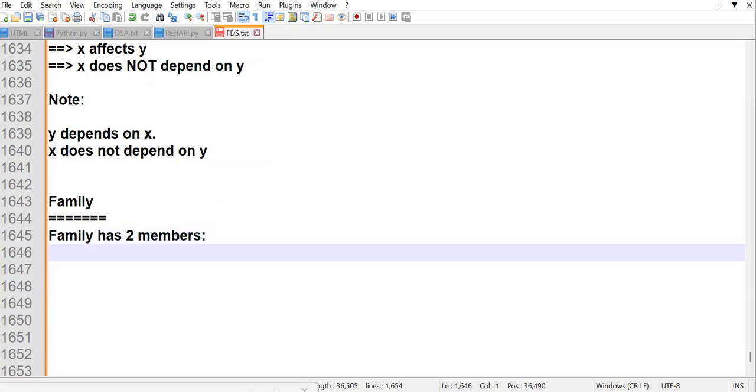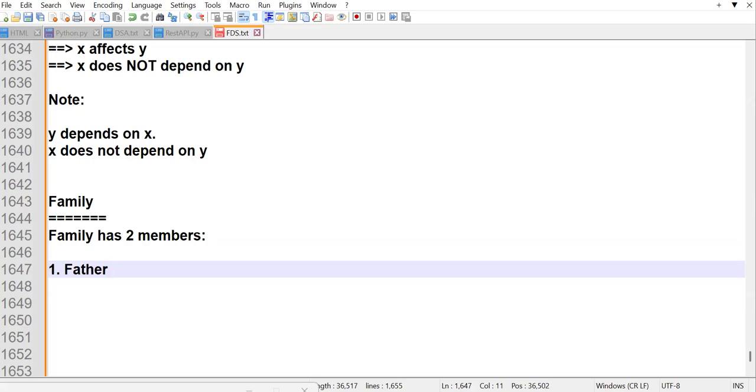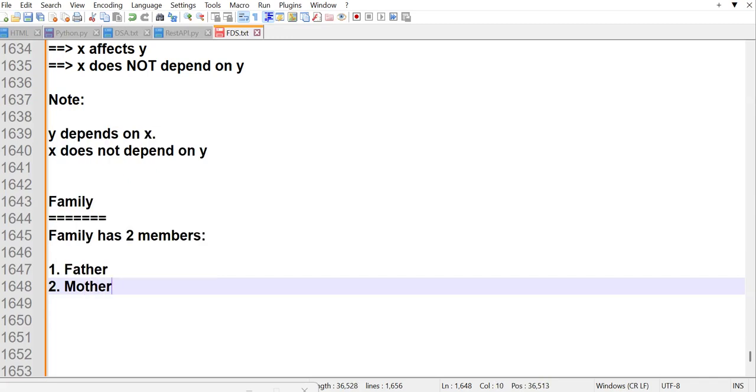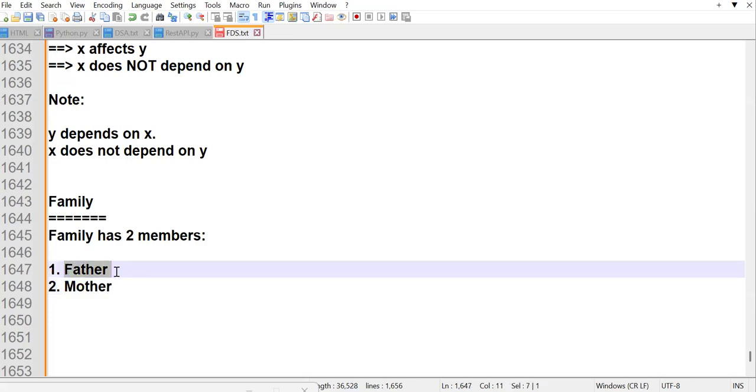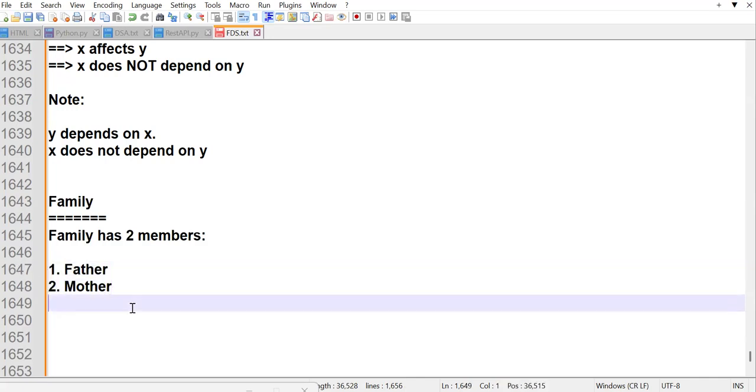So what are the two members? One is father, second is mother. So mother is homemaker and father runs a business. Can you please find what is dependent variable and what is independent variable?